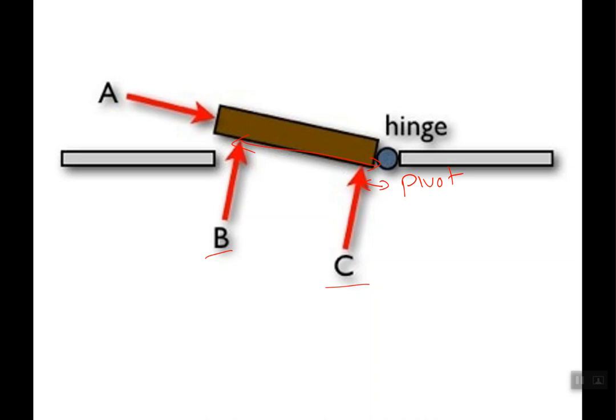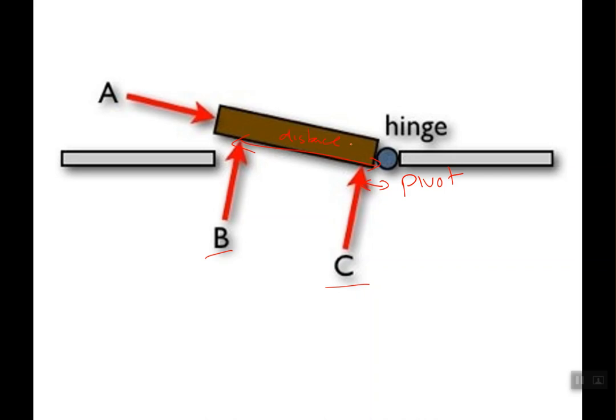So moment depends on the size of the force and the distance away from the pivot that you apply that force. But it also depends on one more thing, which is why I've included A. It includes the direction the force is applied. In order to have a maximum moment, the force needs to be at a right angle to the distance away from the pivot.